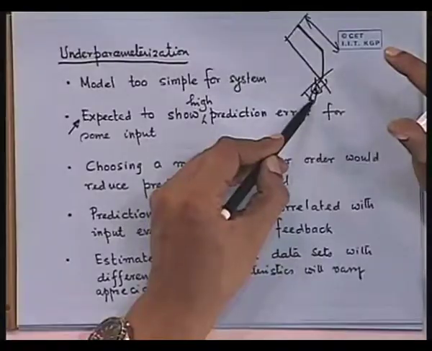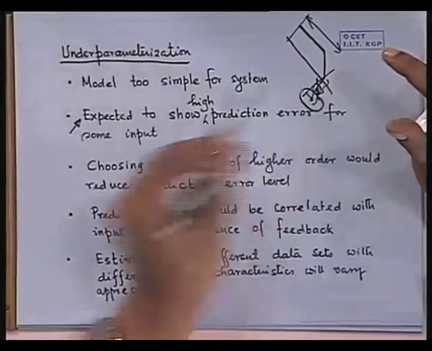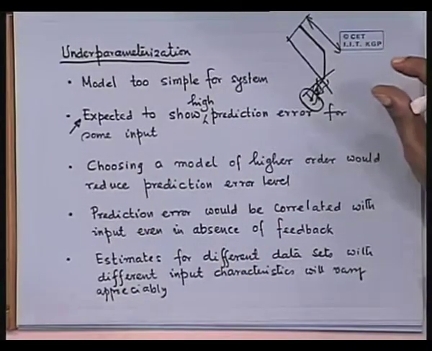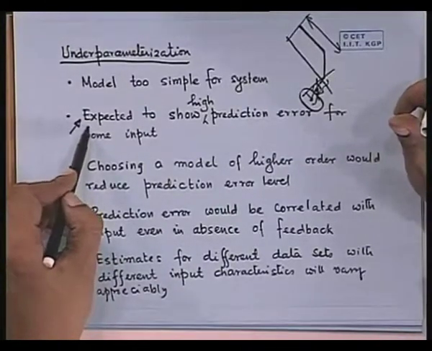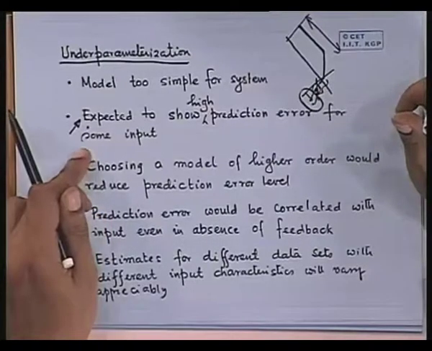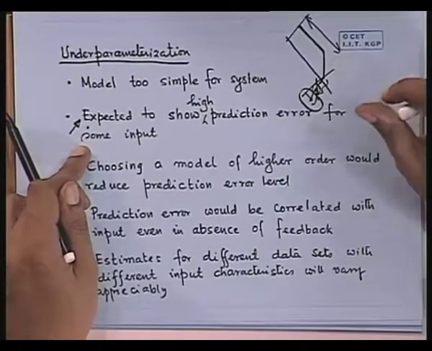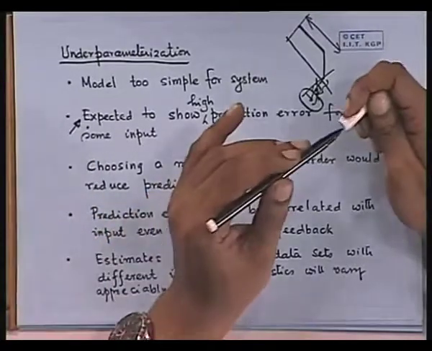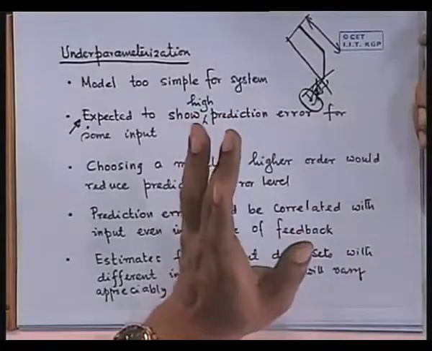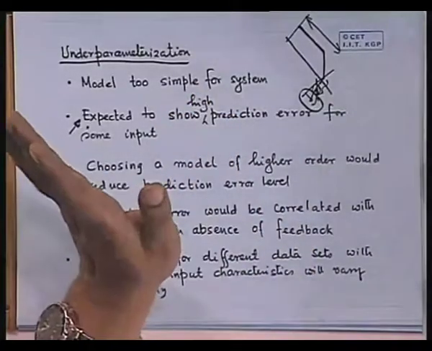The difference between the model prediction of the output and the true output will show up if you excite it by a frequency in this region. So the prediction error will build up if you give it input of high enough frequency. That is the first thing: the predicted output from the model and the true measured output will not match.